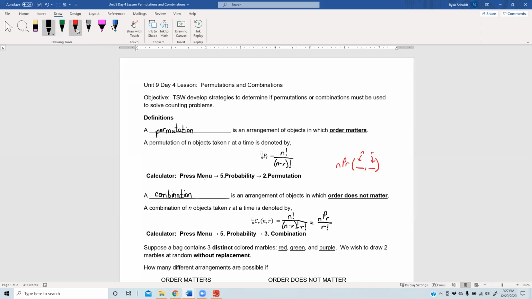And to do this one on the calculator, it's the same thing. Menu, probability, except this time we'll say combination, or Menu 5-3. This will bring this up on the calculator.